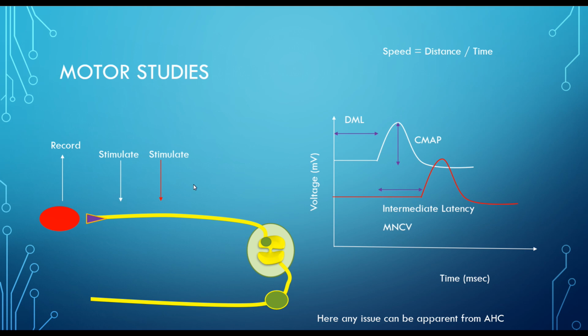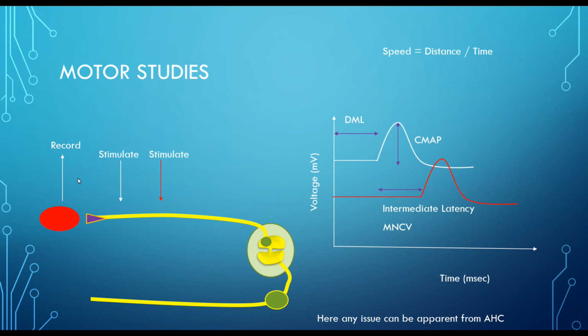Again, for the motor studies, we stimulate over the nerve itself, the signal goes along, hits the neuromuscular junction, signal transmission has to occur, and then we record over the muscle membrane itself. Again, we have the time it takes from stimulation to the point that the muscle starts to contract. Now, we're very exact people in neurophysiology, and the time it takes between the point of stimulation distally and the point that the motor responses are recordable is a very short time period.